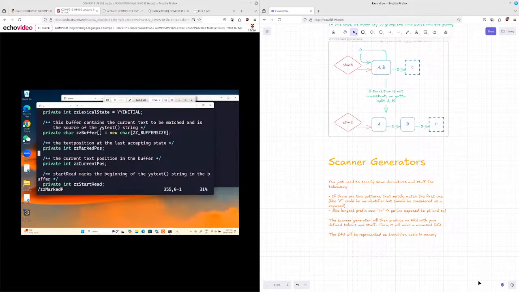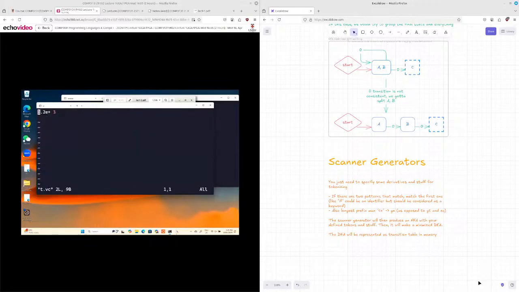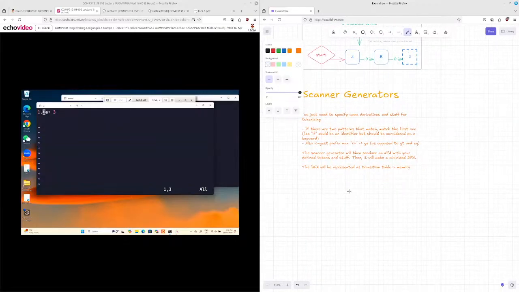Basically what this is doing is, if this is the input, it actually uses a variable to always remember the most recent accepting state. For example, if we start from 1.2, I will go here, and now we realize 1.2 can't be accepted according to the DFA. So it remembers this position. It just keeps going until it sees plus, and now a blank space.